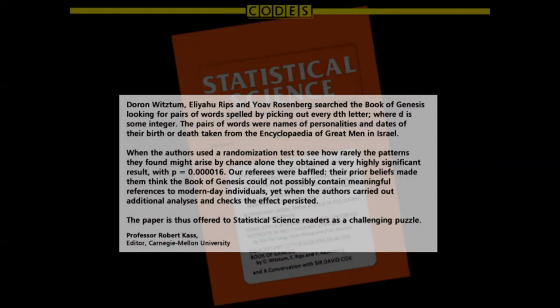That means prophecy. Yet, when the authors carried out additional analyses and checks, the effect persisted. That means they couldn't disprove it. The paper is thus offered to statistical science readers as a challenging puzzle. Challenging puzzle? Not exactly a 1,000-piece puzzle, because this is world challenging.